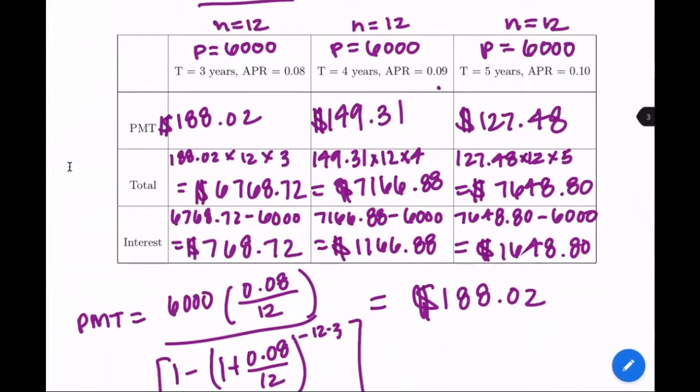So you pay more money in the long run with these, even though they're smaller monthly payments. So that was the goal of this problem. So we can now move on to the next one.